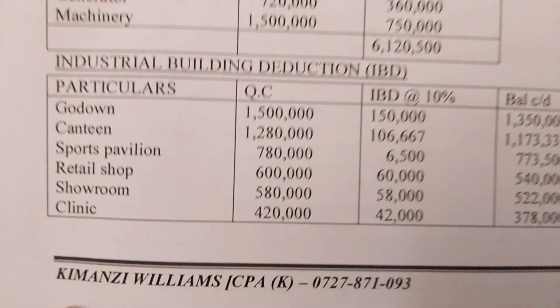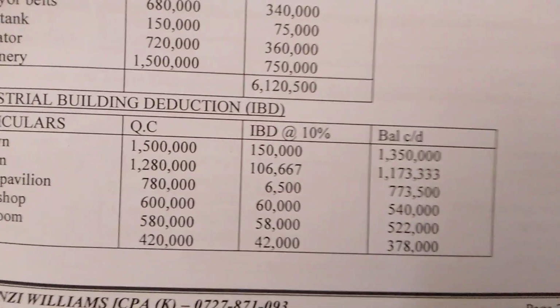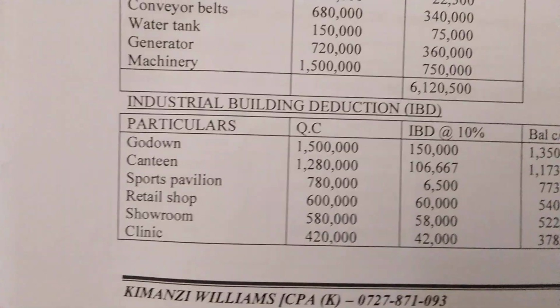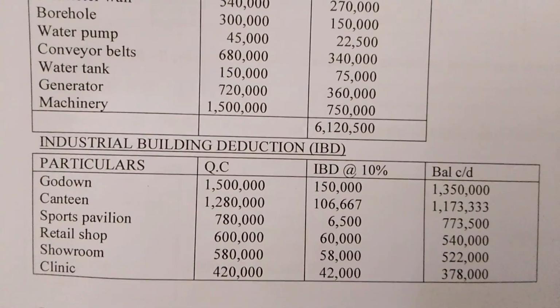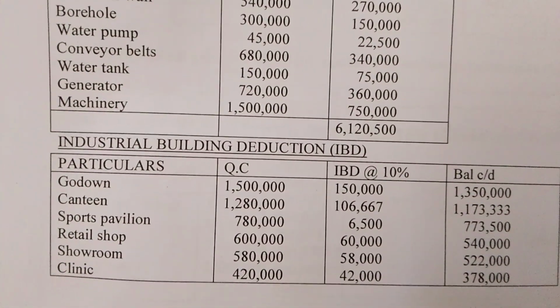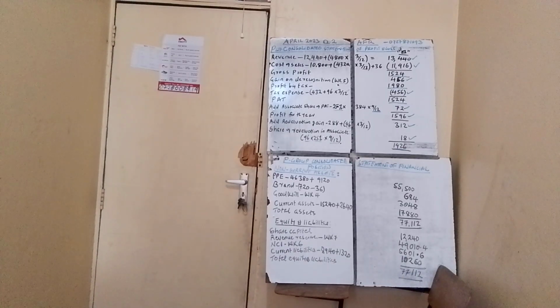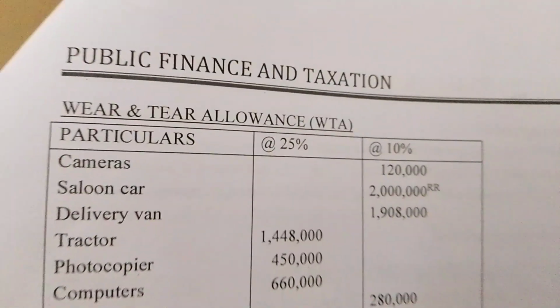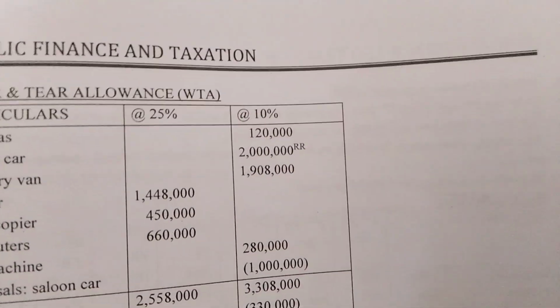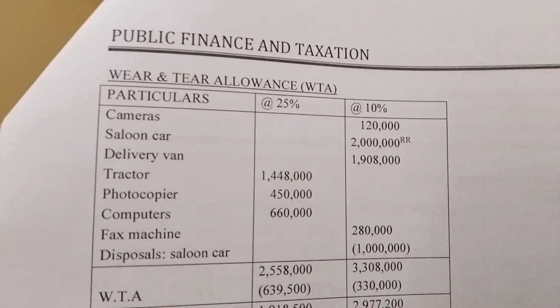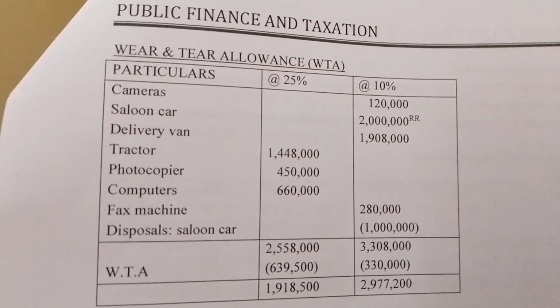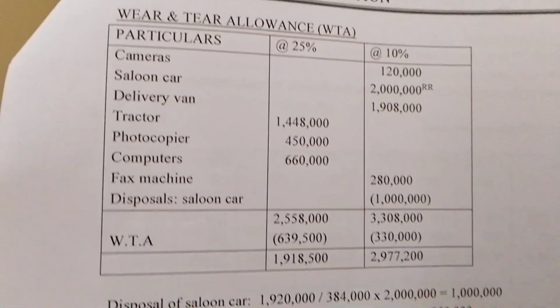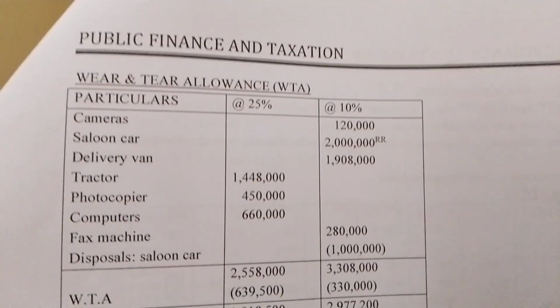Then industrial building deductions at 10% are for any other building where no manufacturing takes place. The solution continues on the other page, and the last page we are dealing with wear and tear, where you take those items which qualify for 25% and the others which qualify for 10%.